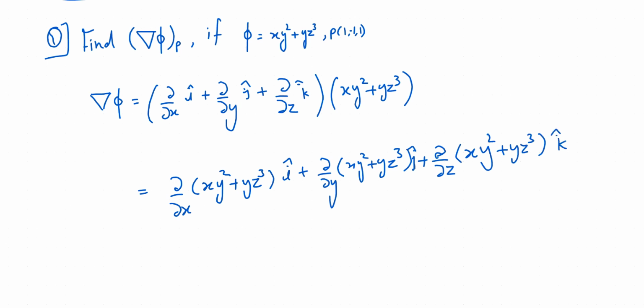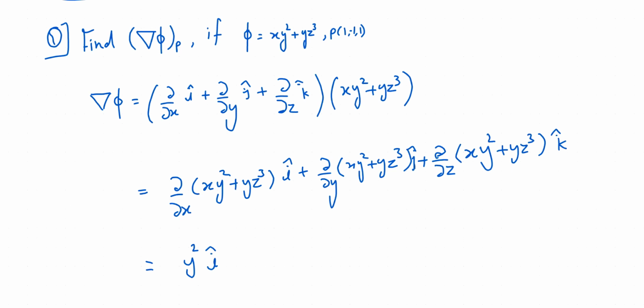So we will have here y square into i cap. See, we are differentiating with respect to x, so this term will be 0 in partial differentiation. x will be 1, so we will take y square.